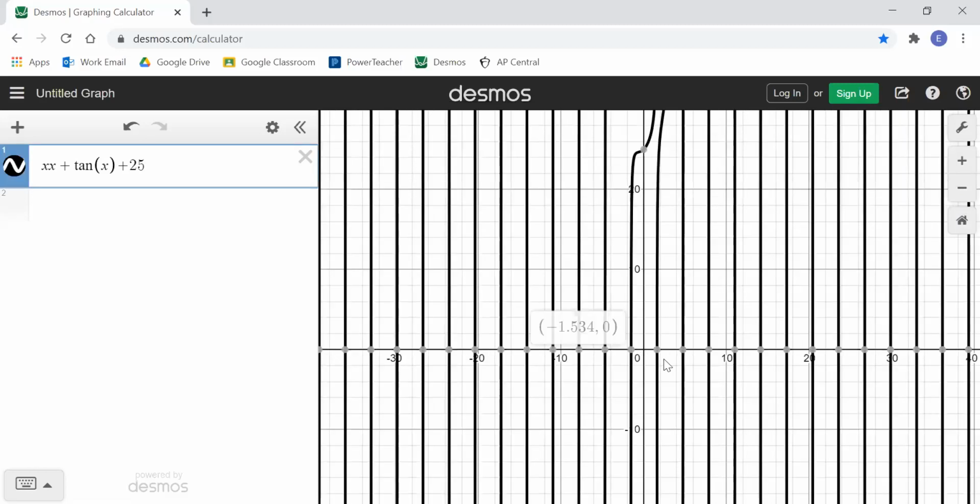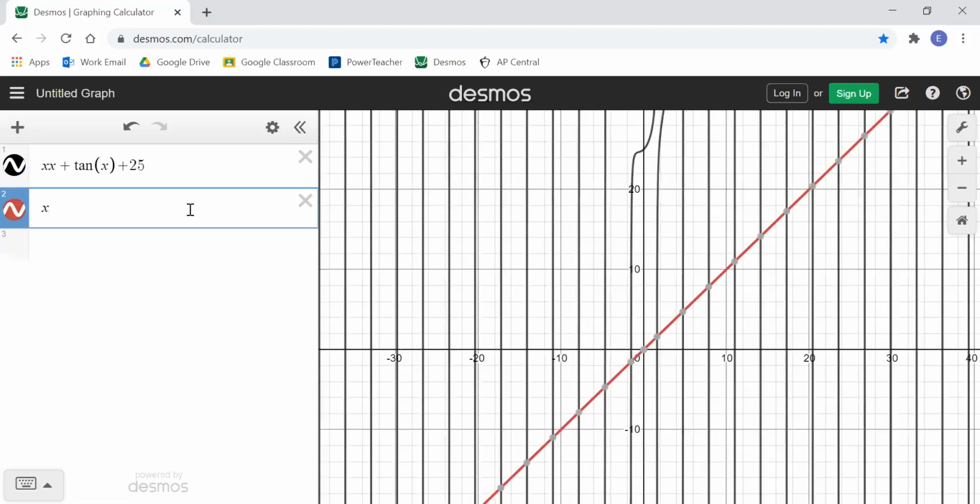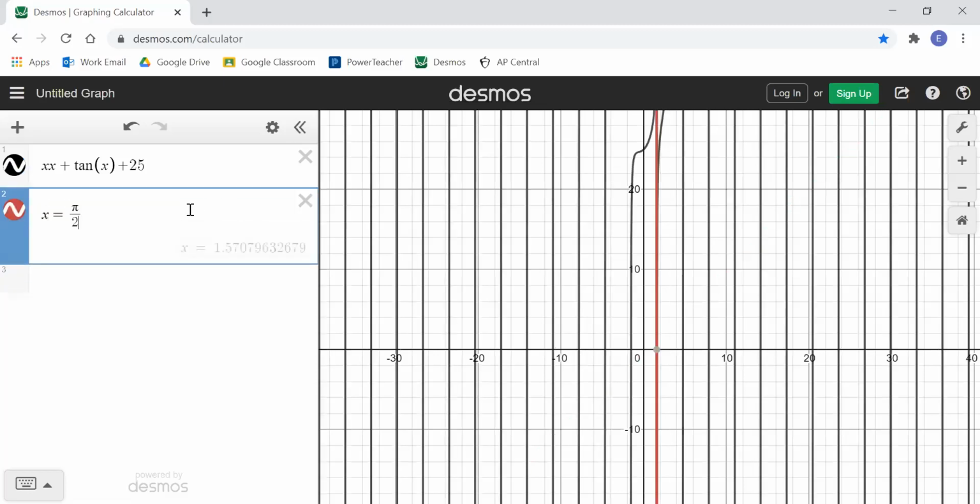Well, it's greater than 0 at all these places, to the right of all these places. But the one that I'm interested in is the one that includes our initial condition. That x was 0, right? So the one that includes x equals 0. That would be right here, starting at negative 1.534 and going up to this asymptote here, x equals pi over 2.